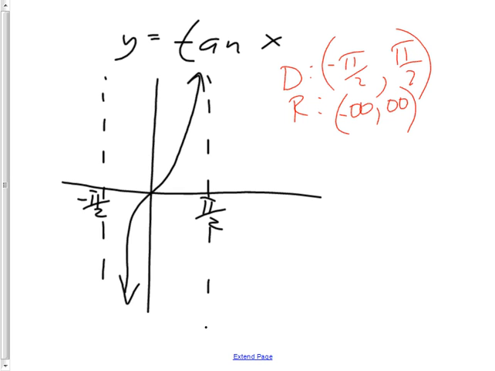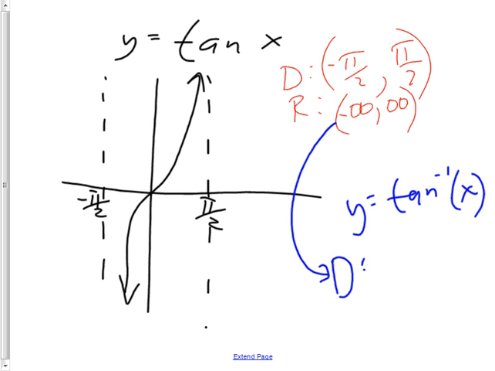So if I asked you for inverse tangent, what's the domain and range? Inverse tangent's domain and range are just the reverse. Inverse tangent's domain is whatever we said for the range. So that's this right here. And it becomes negative infinity to infinity.